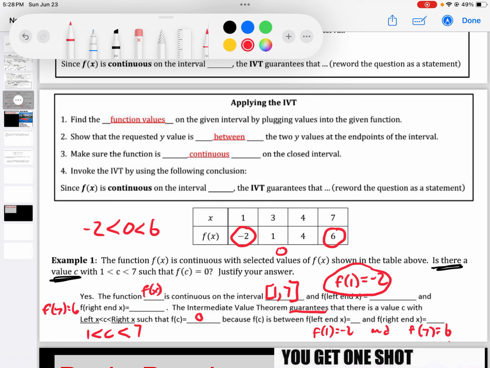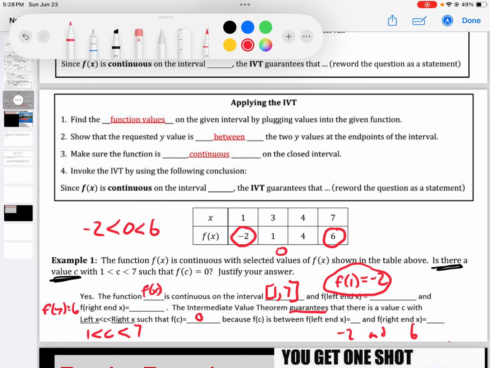So I could just say it's in between negative 2 and 6. Since you've already written it up here, you could just write since f of c is between, not 1, the y value, between negative 2 and 6.